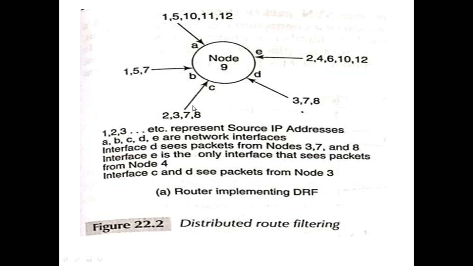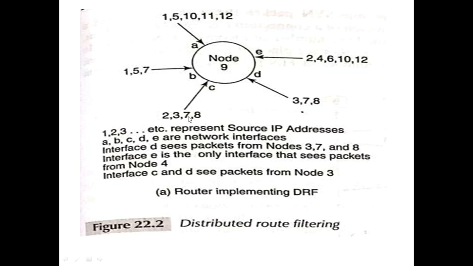Interface D sees packets from nodes 3, 7 and 8. Interface E is the only interface that sees packets from node 4. Apart from that, it sees packets from nodes 2, 6, 10 and 12.